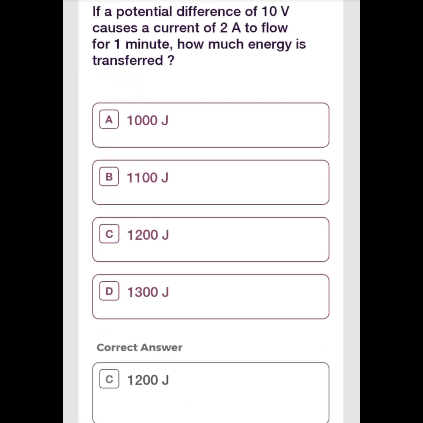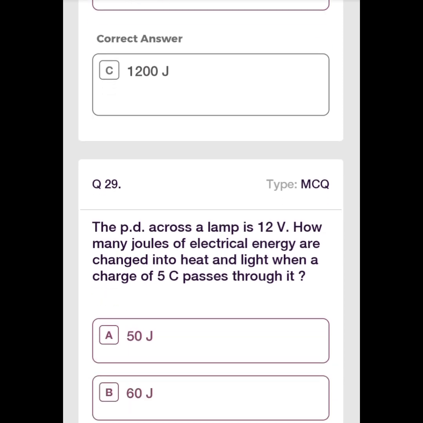The potential difference across a lamp is 12 volt. How many joules of electric energy are changed into heat and light when a charge of 5 coulomb passes through it? Okay, so first let us see what all the data is given. V is given. We need to find work done, W. Charge Q is given.